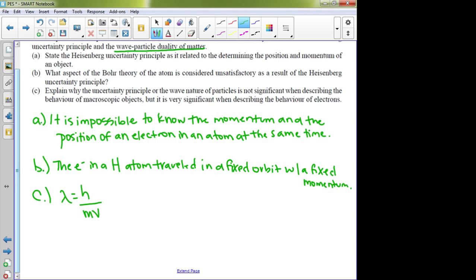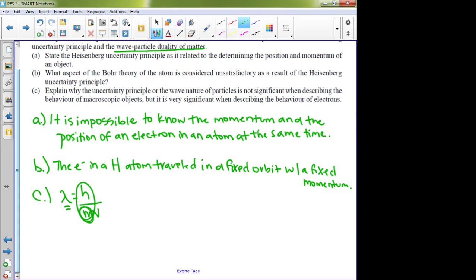Well, this is the equation. So let's look at it. If I have a really large mass, that's gamma, which stands for wavelength. If I have a really large mass, what happens to this number right here? It just becomes really, really small, right?